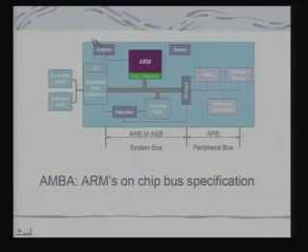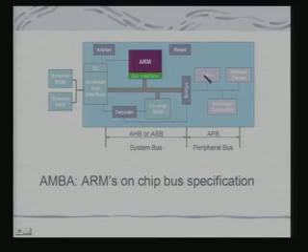Since it's a multi-master bus, actually there would be an arbiter. We had discussed the role of the arbiter. The arbiter arbitrates between the requests coming from multiple masters sitting on the bus. And just like the PCI bus, here also I have a bridge. The function of the bridge is the same. It connects the high speed system bus with the low speed peripheral bus.